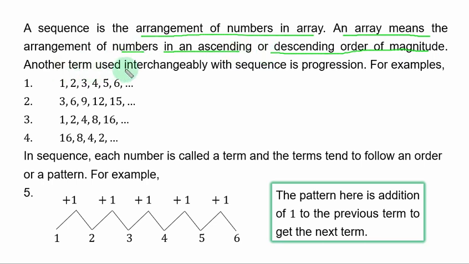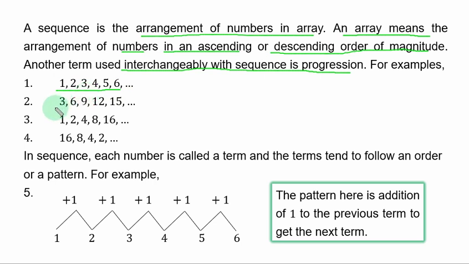Another term used interchangeably with sequence is progression. For examples, number 1, you have this sequence 1, 2, 3, 4, 5, 6, and so on. This sequence follows ascending order.